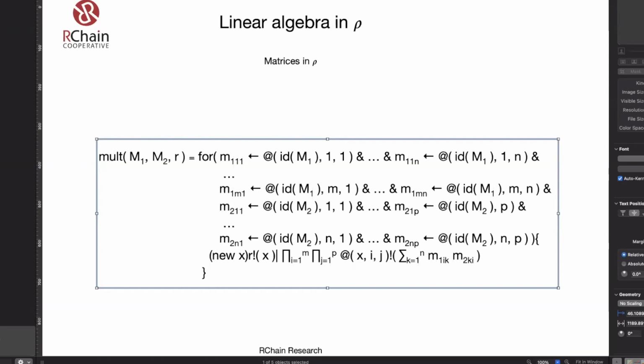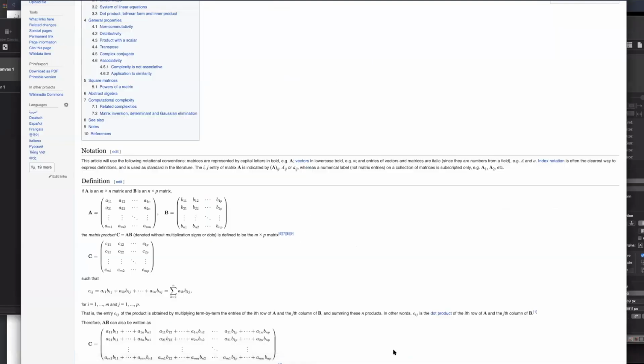It's not inside. The values are to the right-hand side of the bang, and addressing is to the left-hand side of the bang. So it's actually there, right? A 1 1, B 1 1. Exactly. So it literally lines up precisely with the notation.